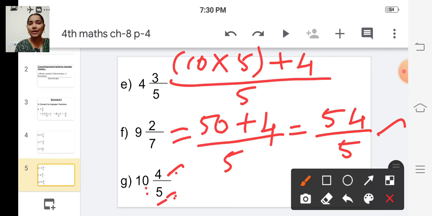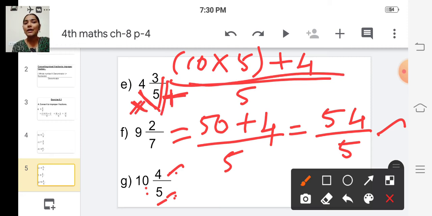What is the formula to convert mixed fraction to improper fraction? Whole number into denominator plus numerator, divided by the same denominator.